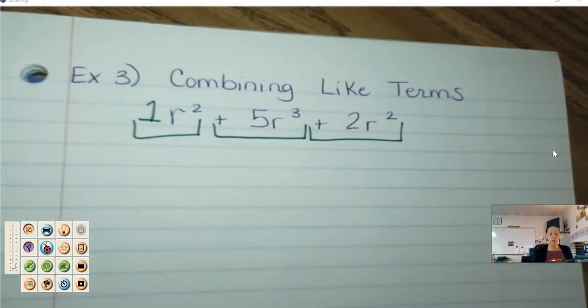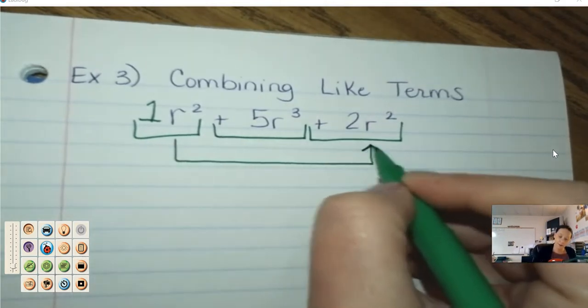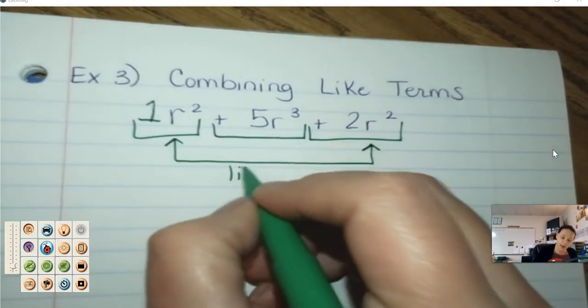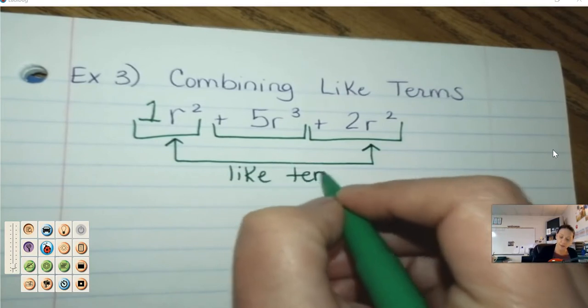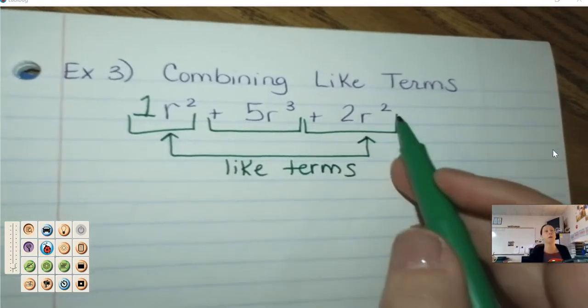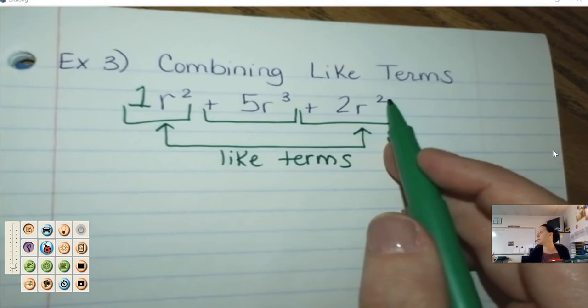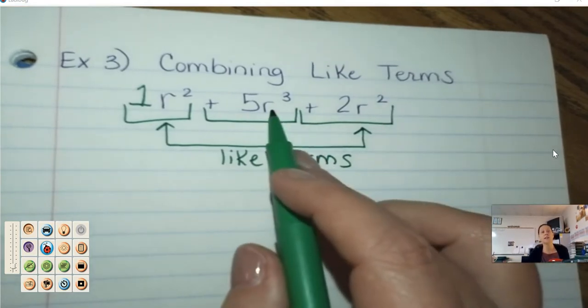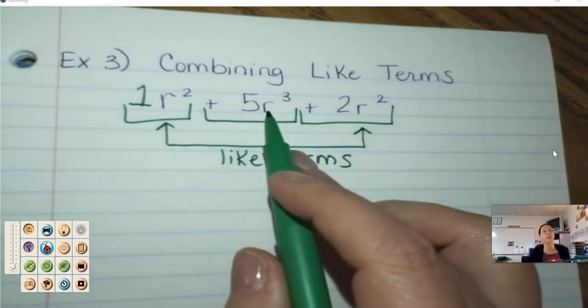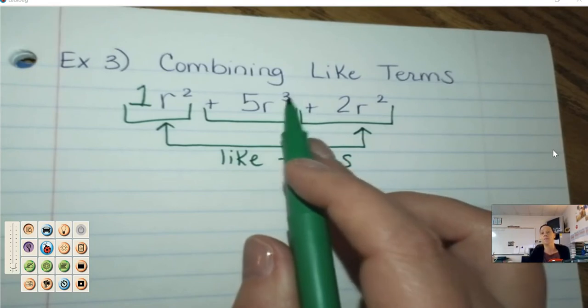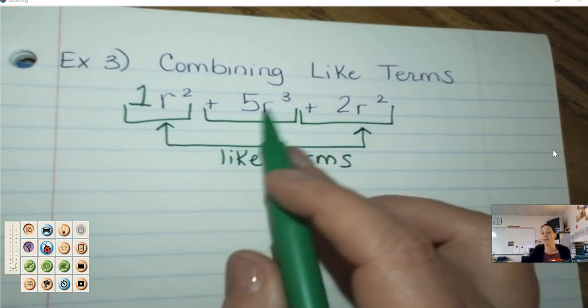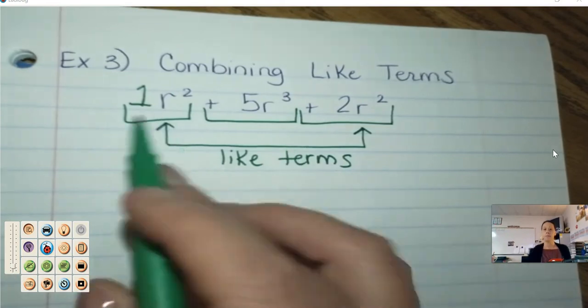The only two that go together are the first and the last one. These are like terms because they both have the same exponent. They have to have the same exponent or you can't put them together. Just because they have an r doesn't make them the same, because this is r cubed. The exponent does matter when it's on the variables.